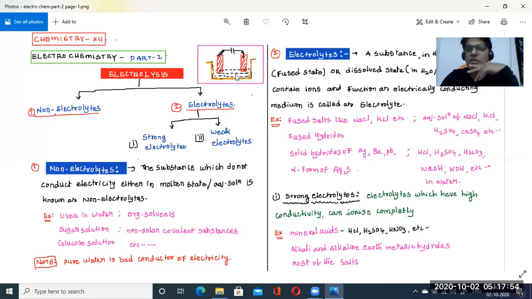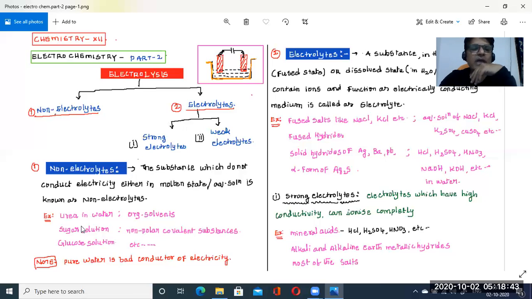Suppose any substance is taken here, like NaCl or HCl or H2SO4 or HNO3, any acid or base or salt, and it does not conduct electricity, either in the molten state or in aqueous solution, then that type of chemical substance is known as a non-electrolyte.